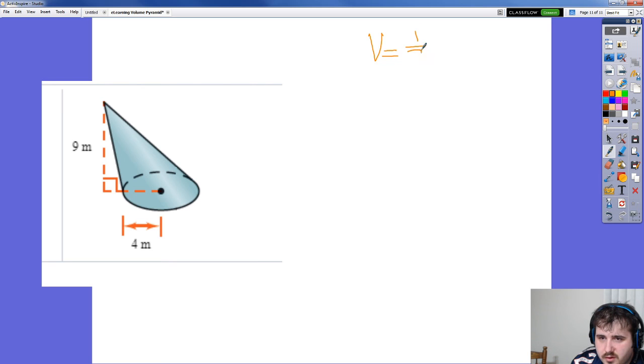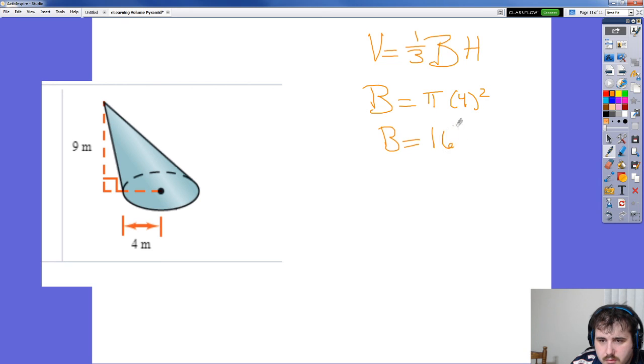Volume equals 1/3 times the area of the base times the height of the prism. Well, what's the area of the base? The radius is 4, right? So there's the area of the base. What's the height? The height is 9.